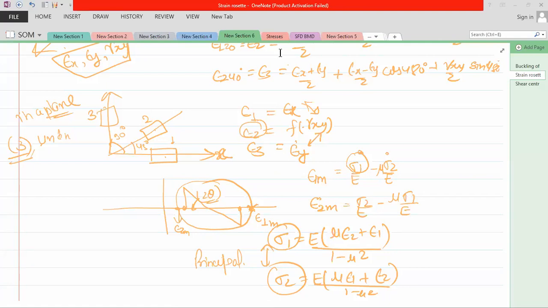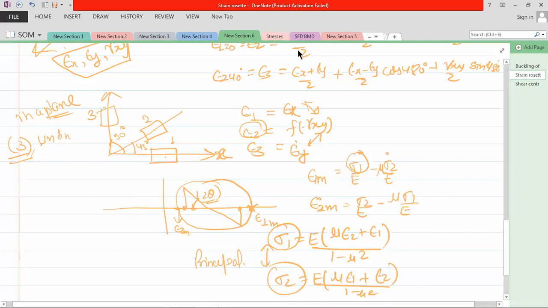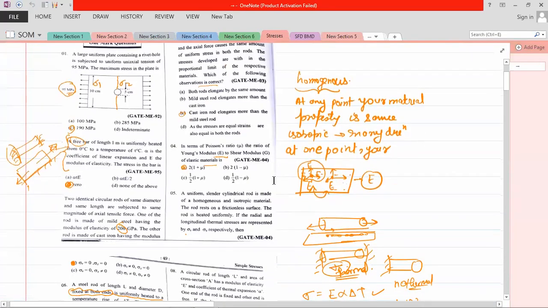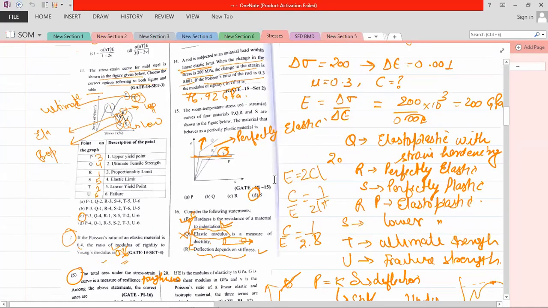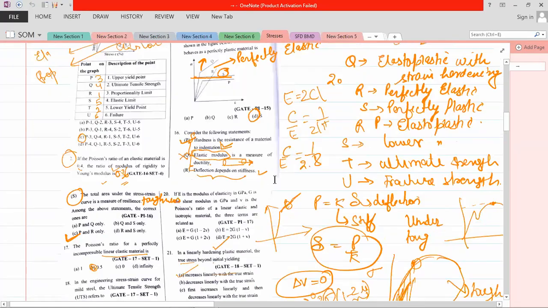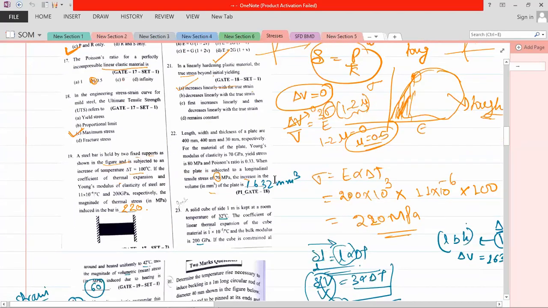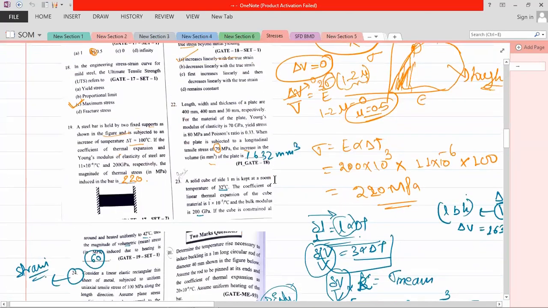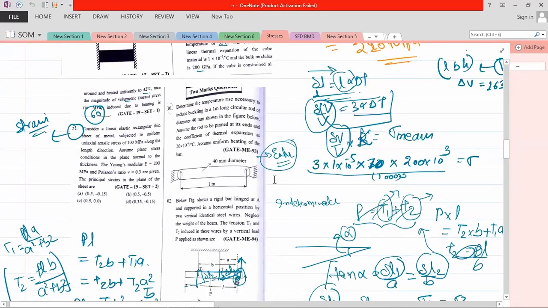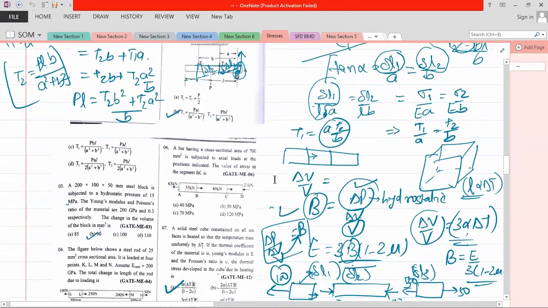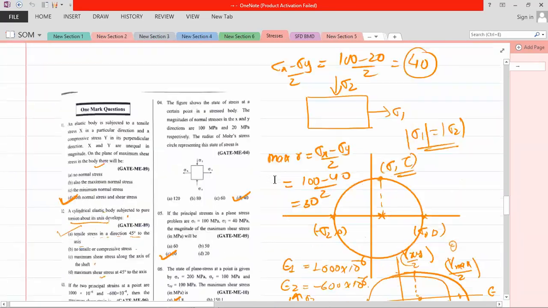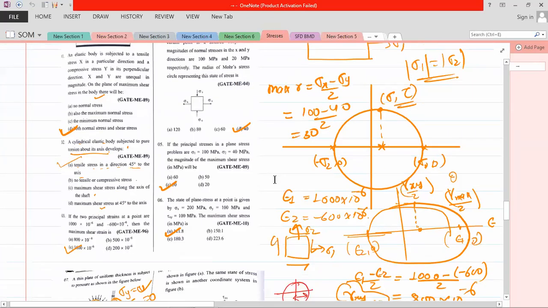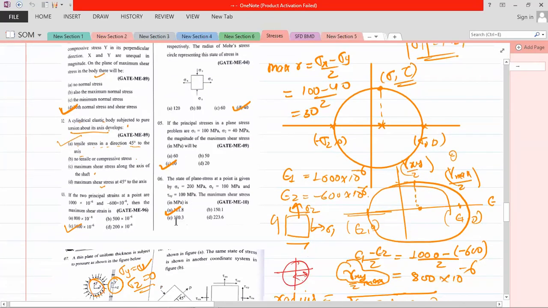Okay. So, strain rosette. I have one question somewhere in between the course. I just said that I will discuss this question when I complete the strain rosette. I'm seeing where it is. Where that question is, I'm seeing that.